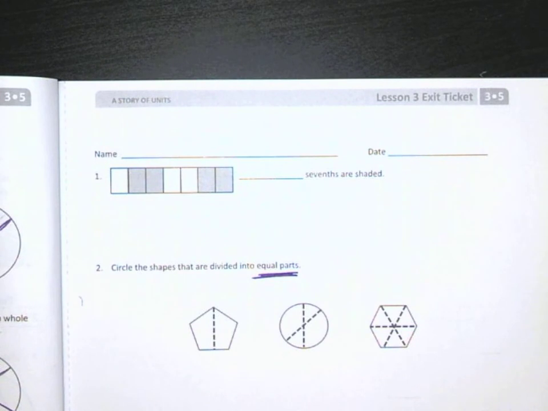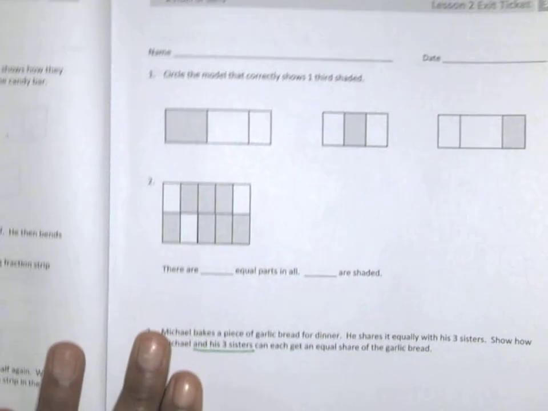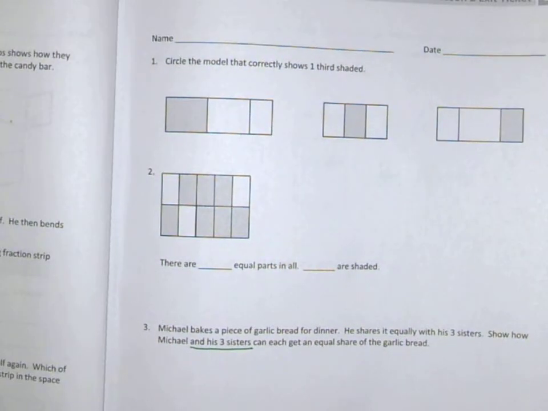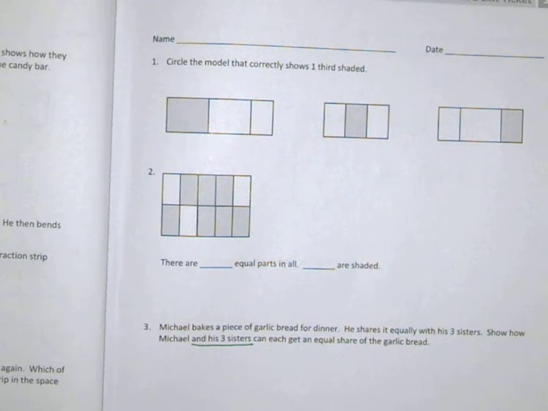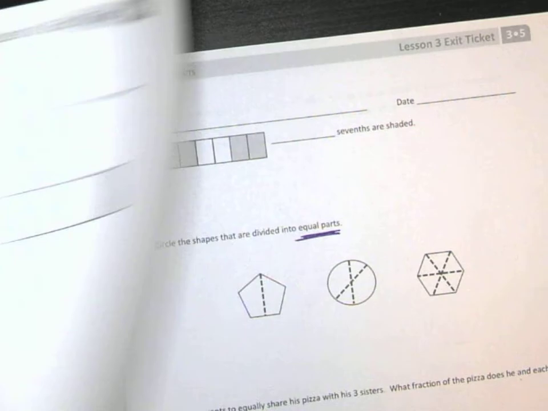The assessment will be over understanding what partitioning and dividing equally means, knowing that when there are 6 parts, those are called sixths. Being able to partition a whole into parts, and solving different word problems that involve fractions. So I want you all to take your time.